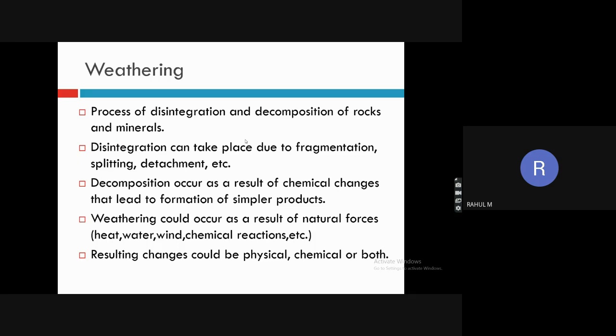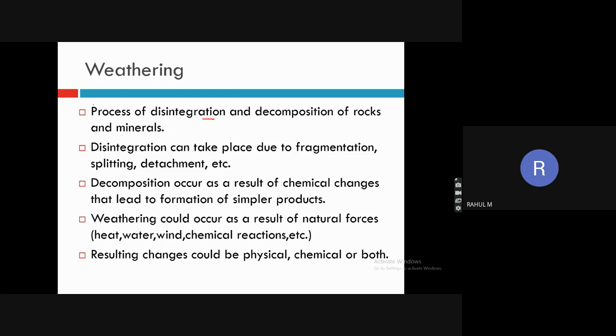So we'll move on to the last topic for today, which is weathering. Weathering is the process of disintegration and decomposition of rocks. Okay. So our process is weathering. Don't get confused between the terms weather and weathering.